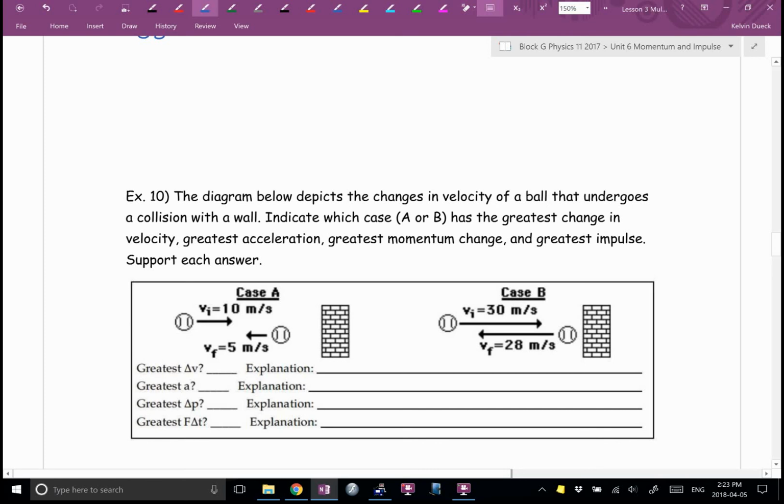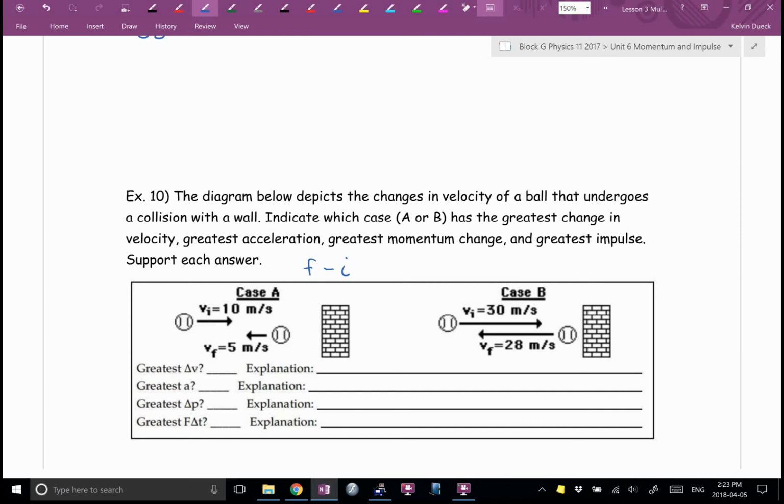What's the change in velocity in case A? What's change in anything? So it's going to be final minus initial. What's V final in A? 5? What's v initial in A then? Not 10.